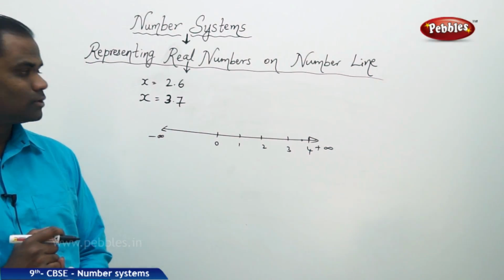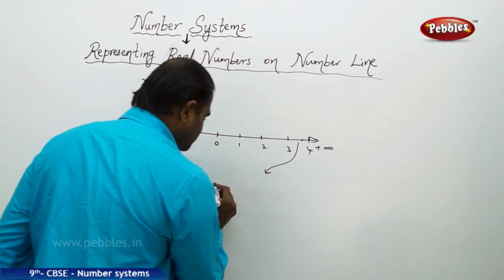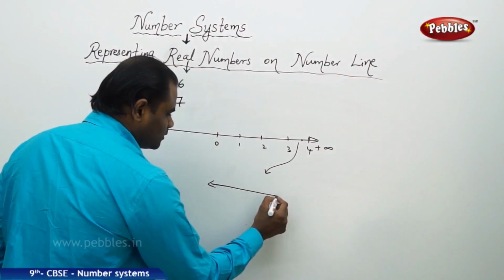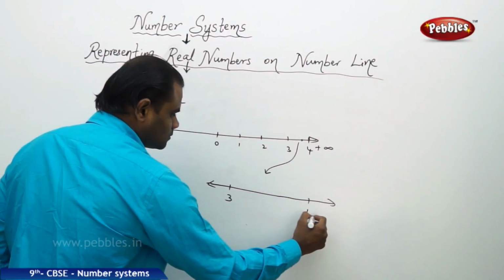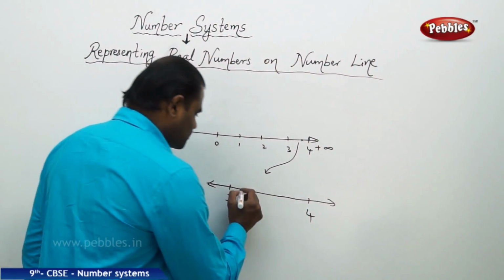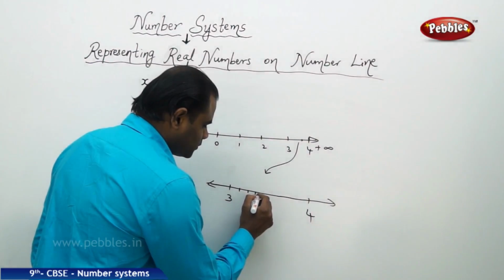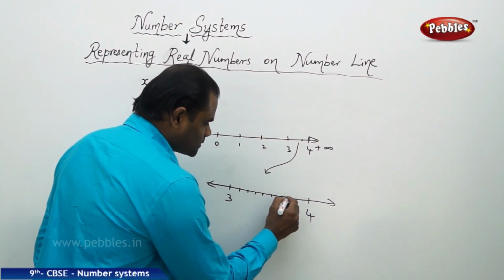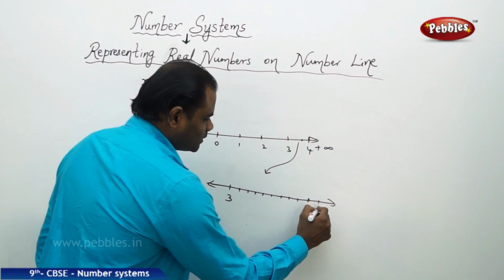So how we get this to be approximately on the right side is what we're going to discuss. This representation of 3.7 is found if I take a second number line which is extended, zoomed in, for between 3 and 4. I see that between 3 and 4 I have 10 different scales: 1, 2, 3, 4, 5, 6, 7, 8, 9 and 10.